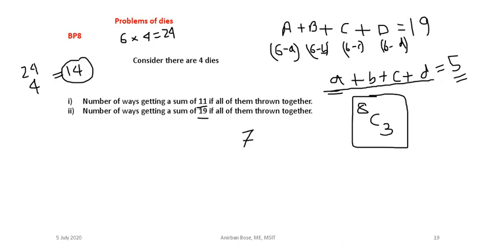That is why we had to subtract something, because there is a chance that one of them might be more than 6. But in this case, since it is less than 6, there is no problem. How do we get this 8? 5 plus 4 minus 1, and this 3 is basically 4 minus 1. So this is the answer.